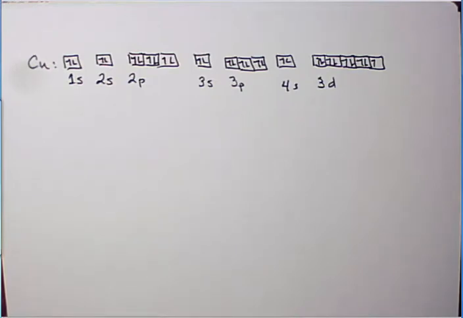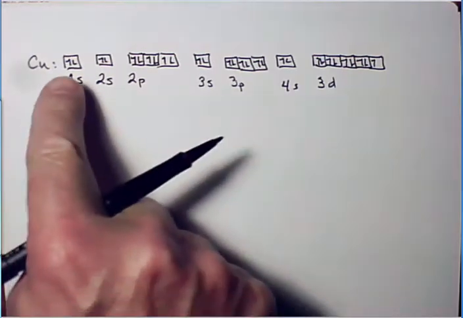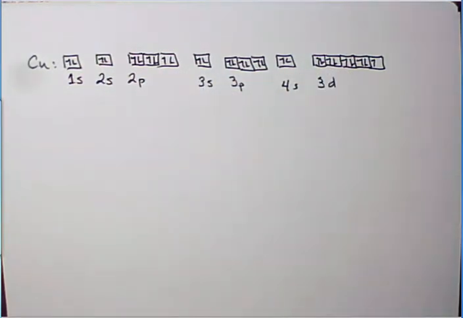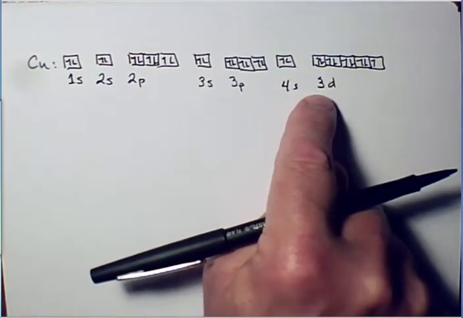Okay? Now, one of the reasons I picked copper here is to show you something that you don't have to know for this class, but to warn you about it because it may come up in college. The filling order, the way that the orbital notation is arranged for copper and for the electron configurations as well for copper, doesn't really follow this pattern exactly.